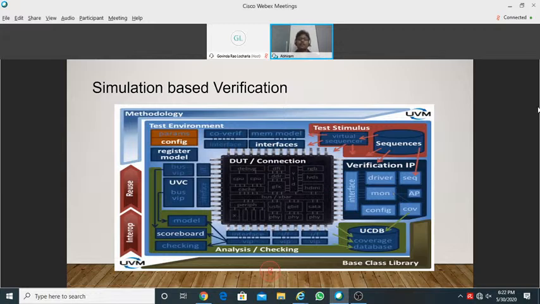For example, if you take an Ethernet controller, this verification IP will be able to give you an Ethernet packet based on the interface, or based on the correlation between all the blocks inside, based on the protocol. So the verification IP also has to comply with the protocol with which the SOC is designed, so that we can verify the same intent is being designed in the SOC.